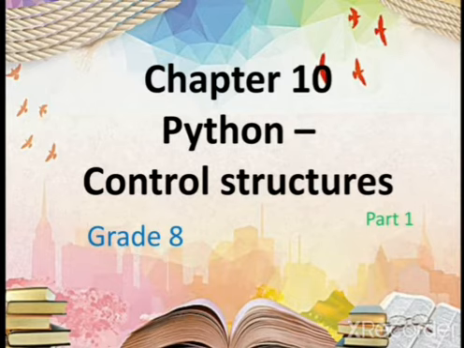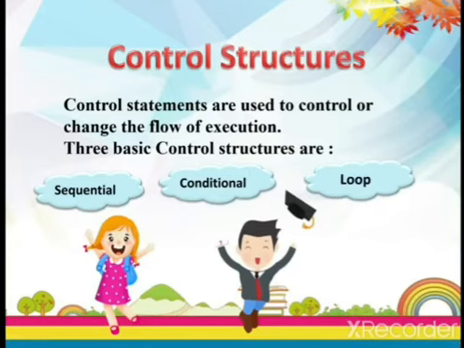Yes, absolutely right. We use the control statements to control the flow of our data in a program. Now, I am going to tell you about three basic control structures used in Python.